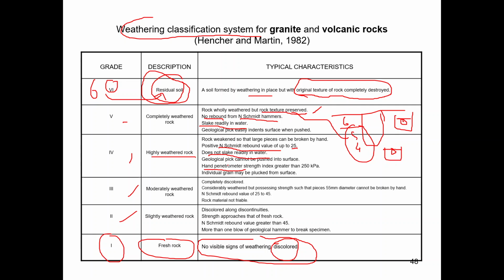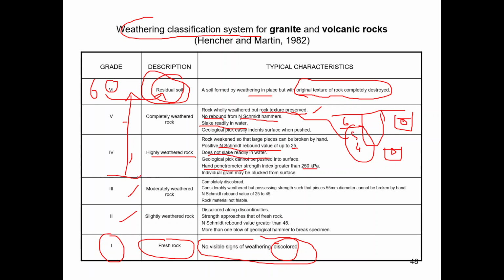The penetrometer reads up to 250 kilopascals, and individual grains can be plucked from the surface, meaning you can take out the minerals. If you can take out those minerals, it means the material is easy to excavate. You can use a machine to excavate this material.